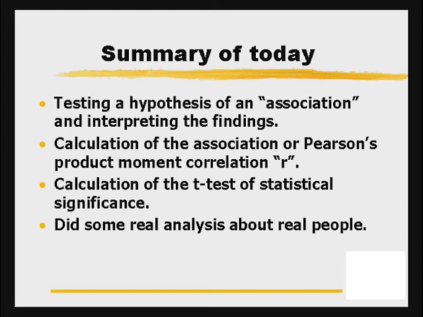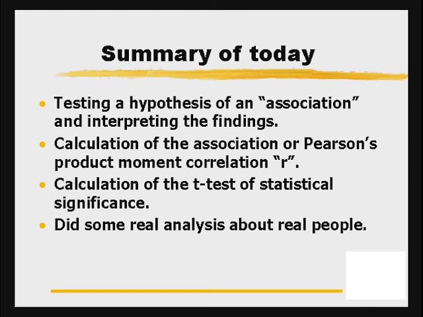But here we tested the hypothesis that the association was 0 versus the hypothesis that the association was not 0. So it wasn't a difference between two means type of hypothesis, but whether something was 0, whether the difference between the means was 0, or whether the association was 0.